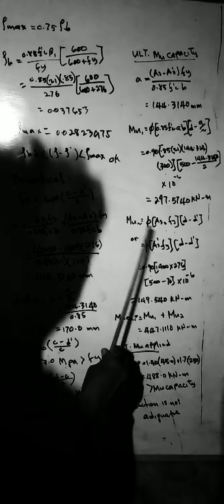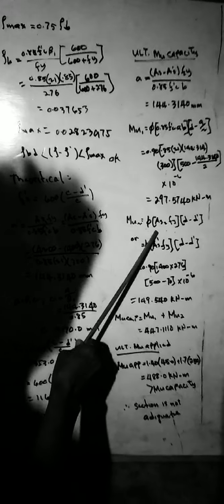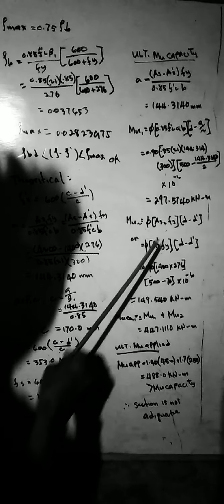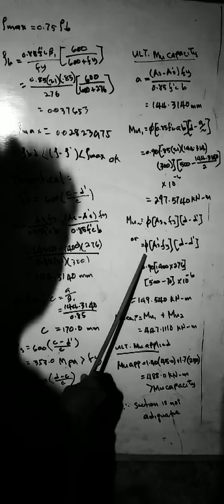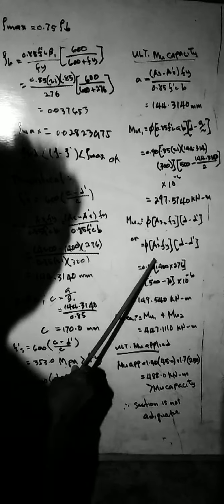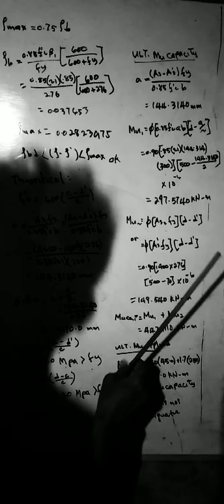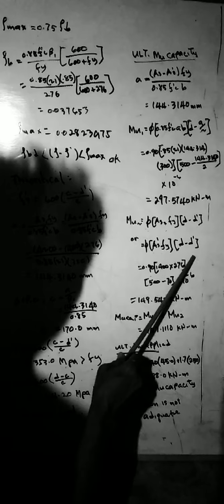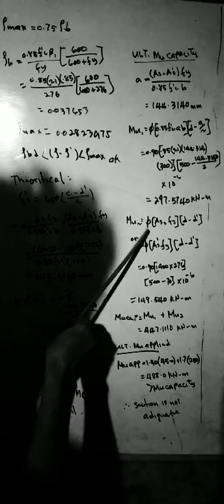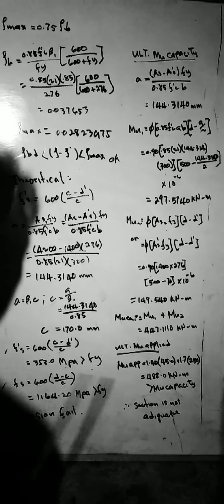When we sum up the moment about C2, this will come out. Or this equation is also the same as these two, the summation of moment about T2. So either of these equations will give us the correct moment 2 of the section.